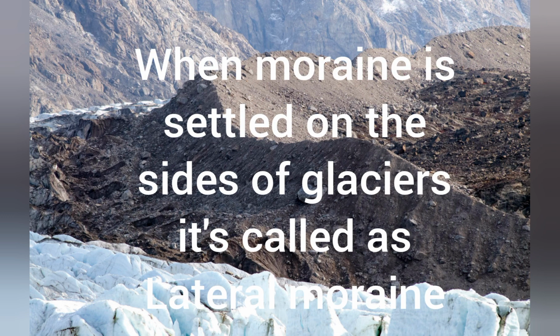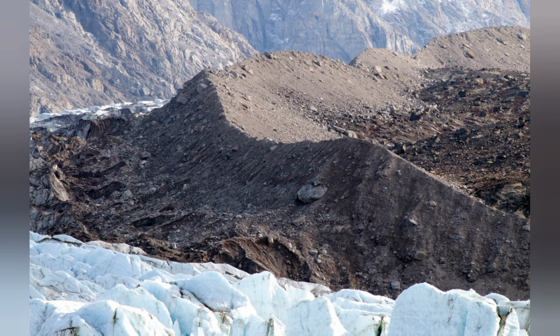When the moraines are settled along the sides of a glacier, it is called lateral moraine. And when fragments of rocks and boulders and materials are dragged by the glacier and then settled on the ground, it is called ground moraine. This is the end of the glacier where the ice usually melts.